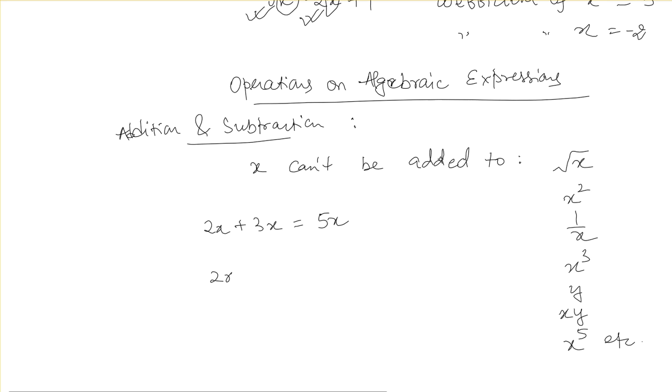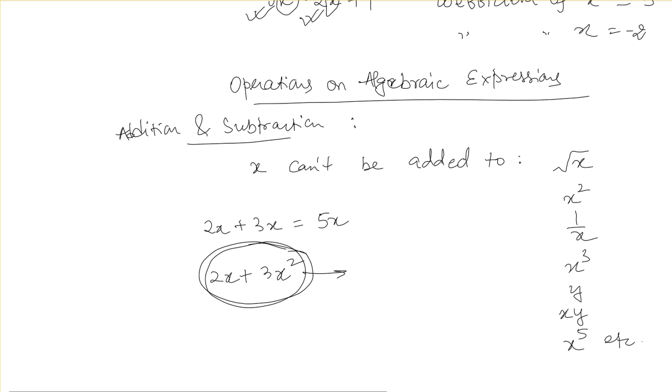But 2x plus 3x square is nothing. You can't go further. You can't write these as one term. It will remain 2x plus 3x square.